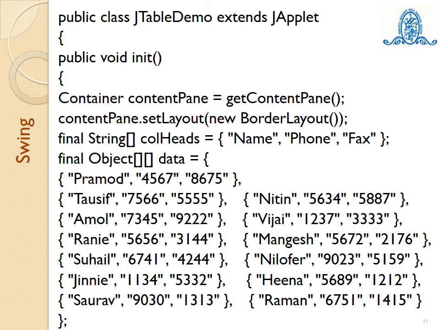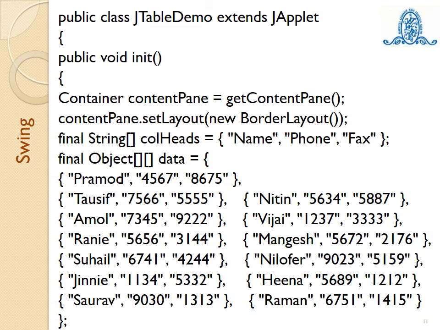To initialize these, first I am using the column heads array, which is a one-dimensional array, as final String[] colHeads, where three columns are specified, that is name, phone and fax.